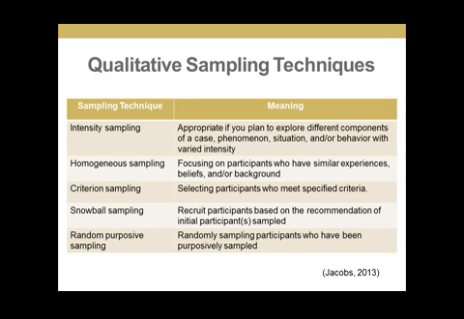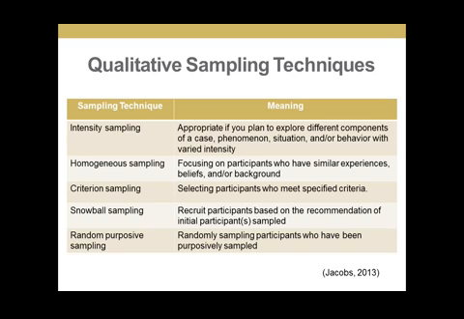Criterion sampling is where you already have specified criteria that you have listed. If a participant qualifies for that, then the person can be part of your study.